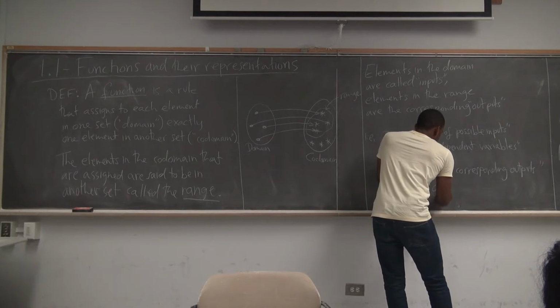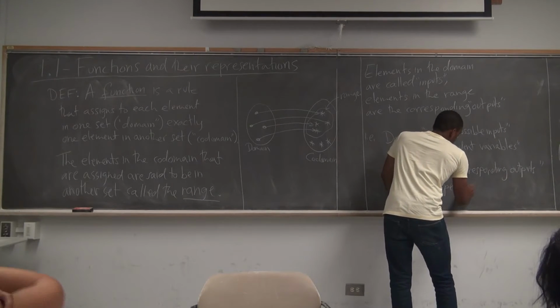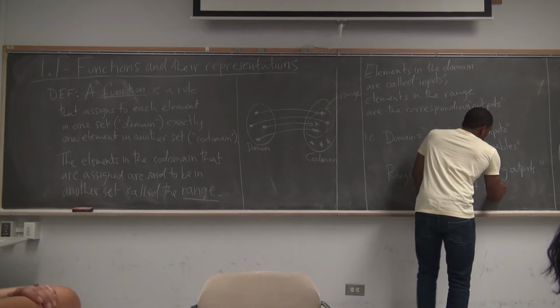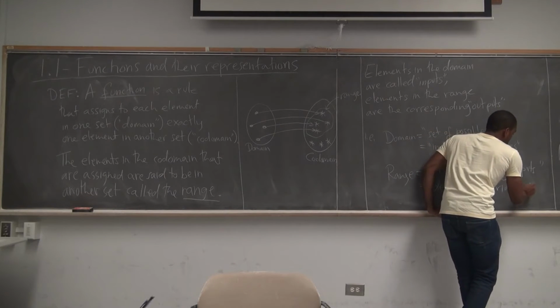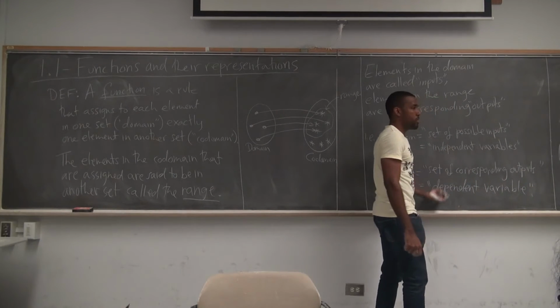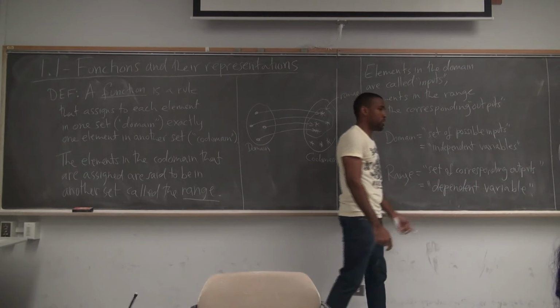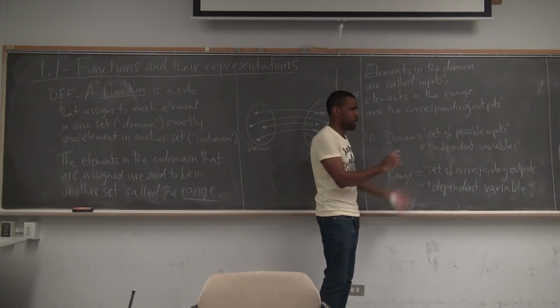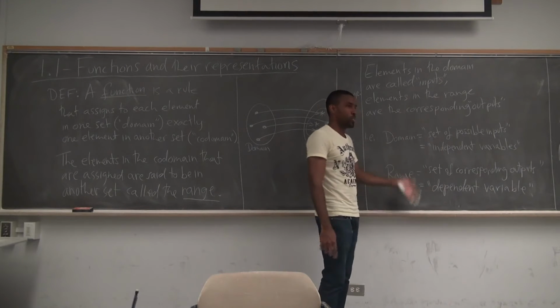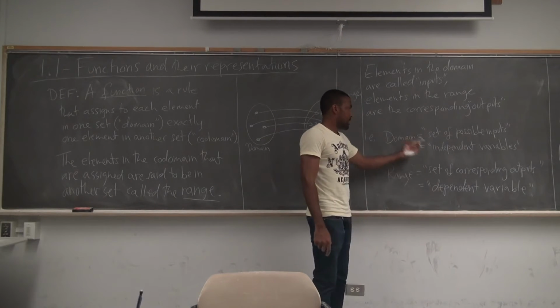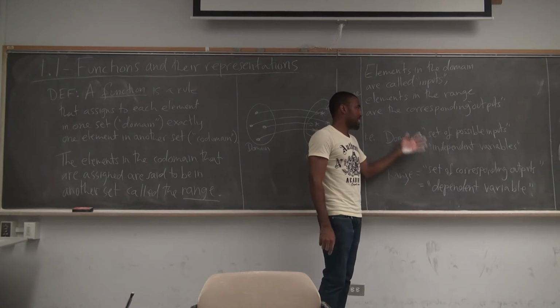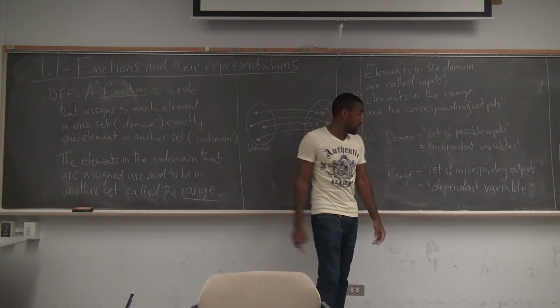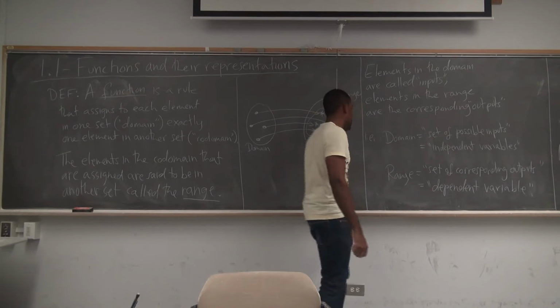We might call them the dependent variables. There's a topic we do later called implicit differentiation, where knowing which is the independent variable versus the dependent variable is going to be important, and I'm going to talk about it like it's everyday language. Oh yeah, this is the independent variable, that's the dependent variable. So the independent variable represents elements in your domain. The dependent variable is elements in your range.